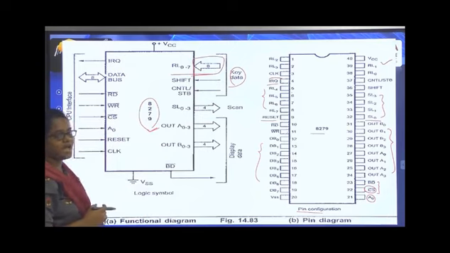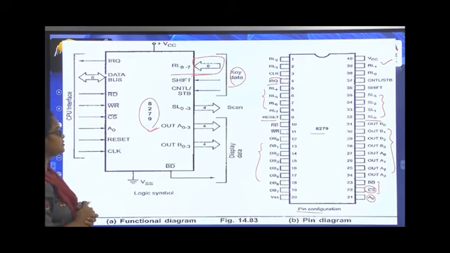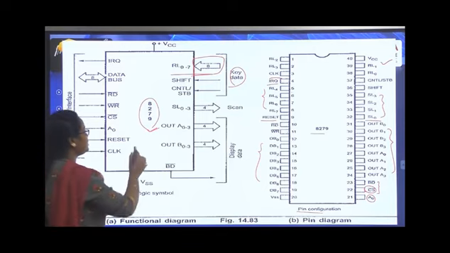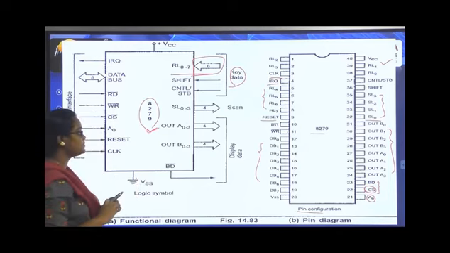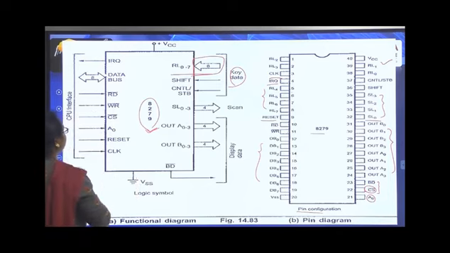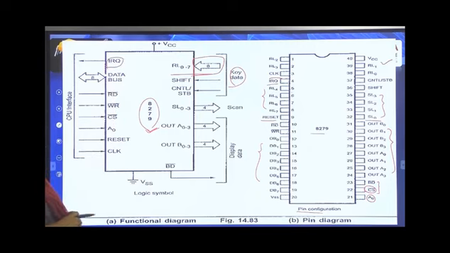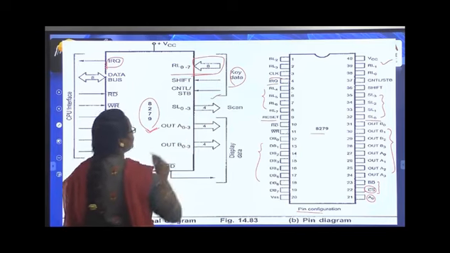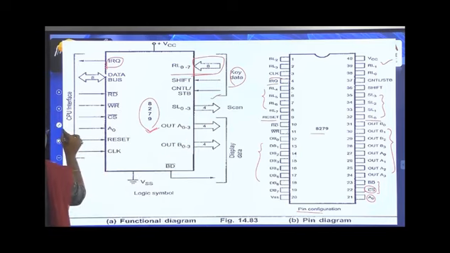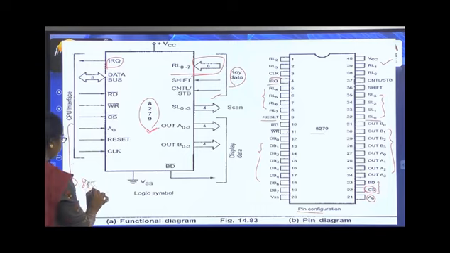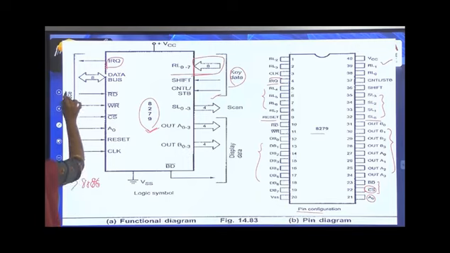You already know that in the keyboard we have rows and columns which hold the keys. Whenever a key is pressed, the 8279 informs the 8086 microprocessor by using the interrupt command IRQ, the interrupt request. Here we are interfacing this 8279 to the 8086 microprocessor, which is the CPU interface.